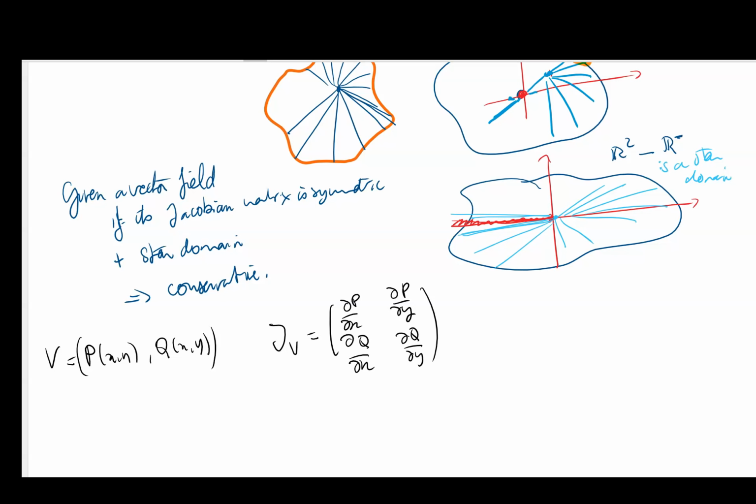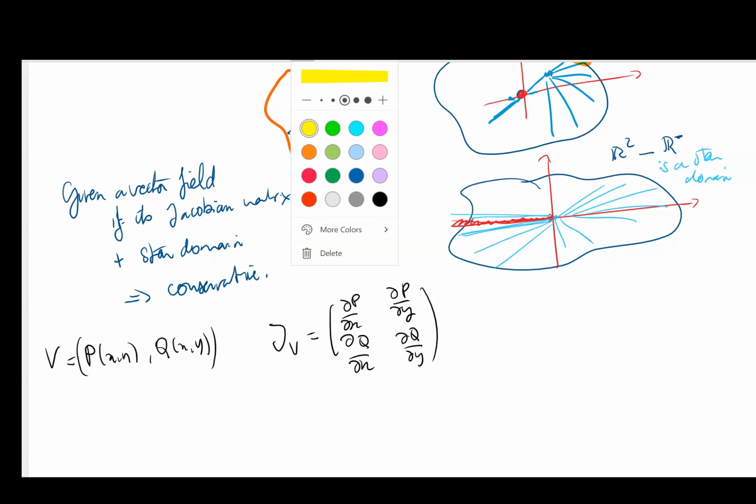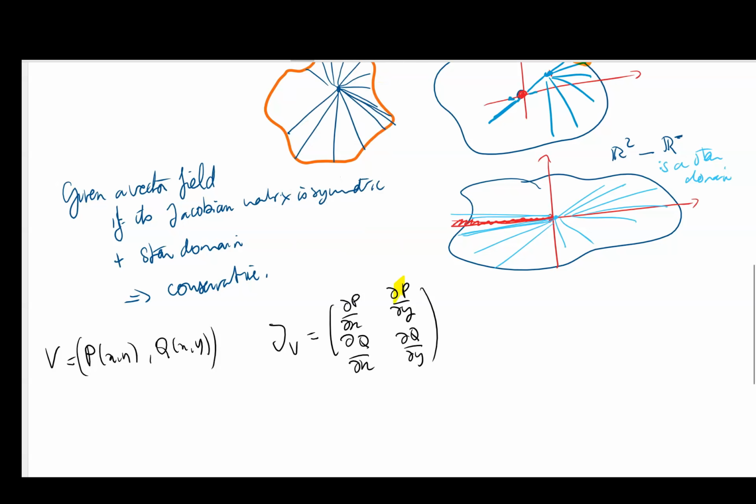Okay, each row of this matrix is the transpose of the gradient of each component, right? And so if I've got equality, if this matrix is symmetric, meaning that this value is equal to that value, that just means that I've got this property that I was looking for on the derivative. Okay, so it's conservative. It means that I can find a scalar potential.